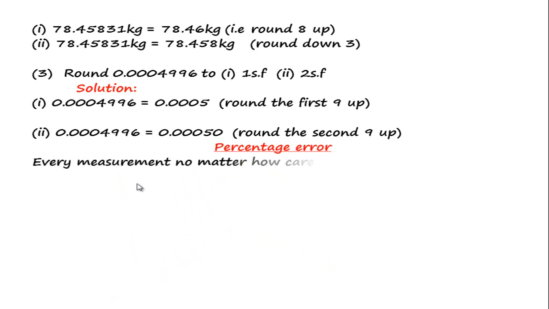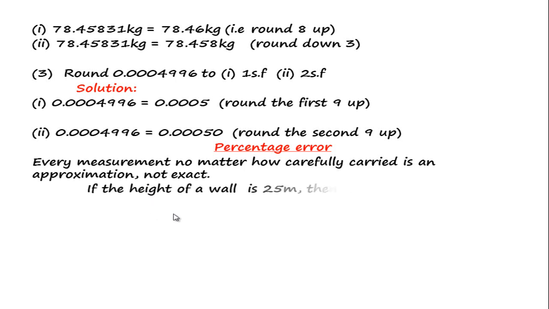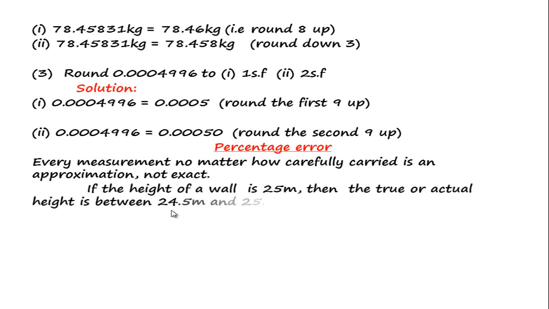Percentage error. Every measurement, no matter how carefully carried out, are you following, is an approximation, not exact. If the height of a wall is 25 meters, then the true or actual height is between 24.5 meters and 25.5 meters.